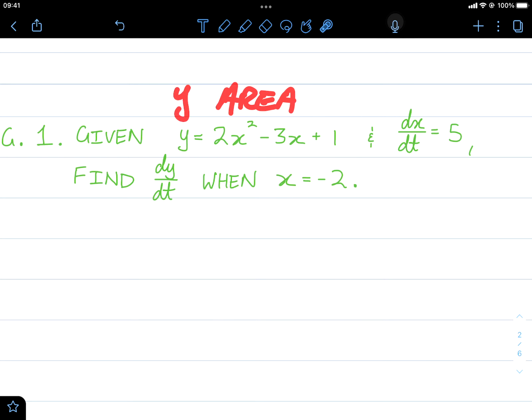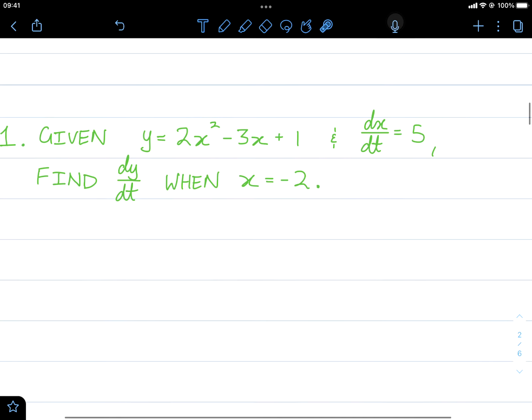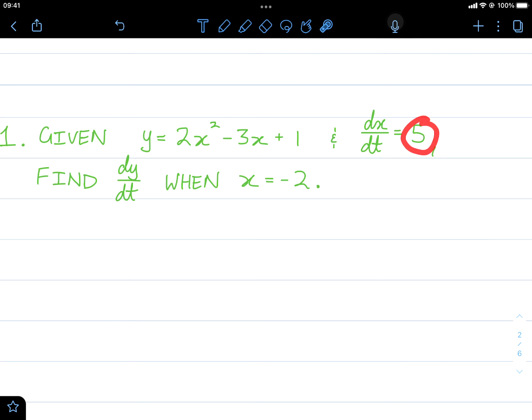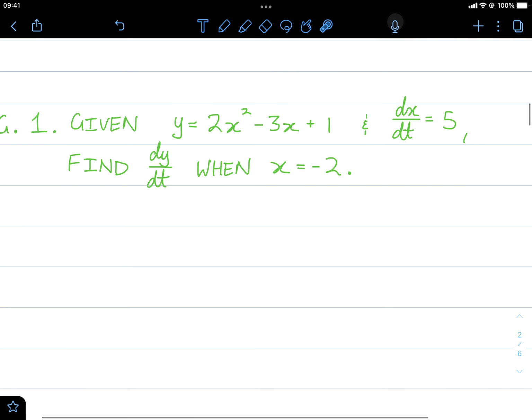So y is area. x is the length of one of the sides, so x equals the length of one side. And the length of the side is increasing by 5 units per second. Okay, what is the rate of the area increasing by when x equals -2, for example?